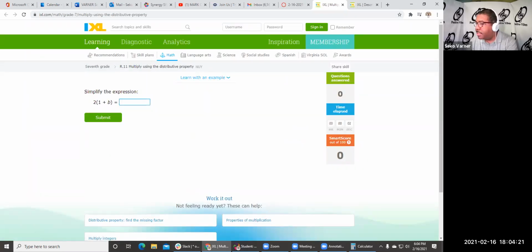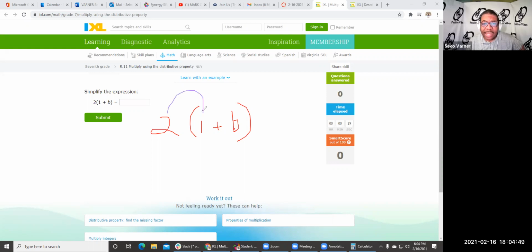When you see a situation like this, we remember that we're working on distribution, and distribution means that you're going to share. If I say distribute these pencils to everybody in the class, you're going to give everybody in class a pencil, right? In this case, we're going to distribute the number that's outside of the parentheses to everything in here, and we're going to multiply.